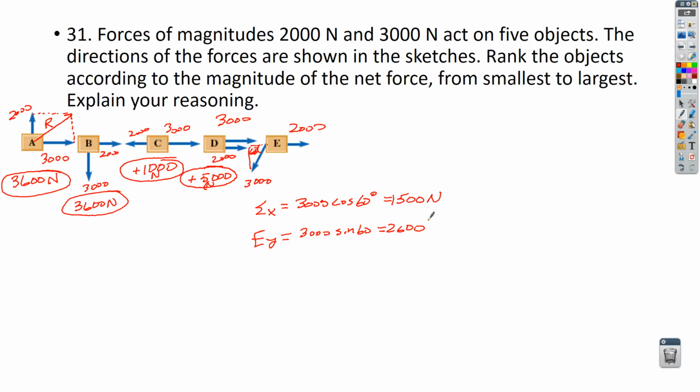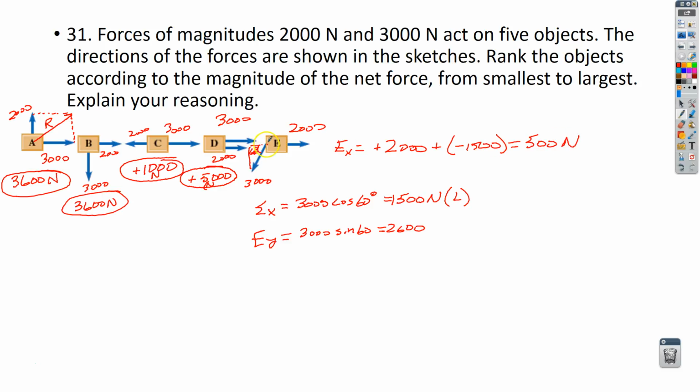So at this point, notice that we've got the sum of the x and the y for this side. We still have an x on this side. So if this one is going 1,500 newtons and we'll say that it's going left, I need to add it to the 2,000 newtons going right. So that would be 2,000 newtons going right, which would be positive, plus negative 1,500 newtons, and this is all in the x direction for E. So that one gives us 500 newtons as a total.